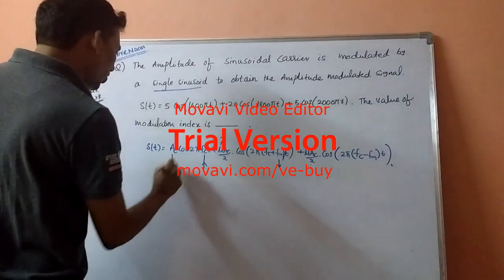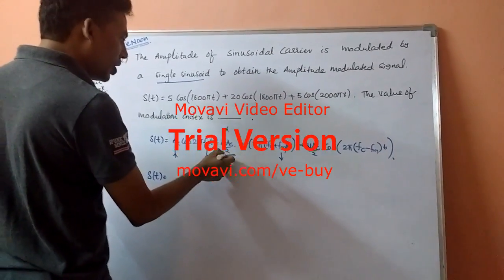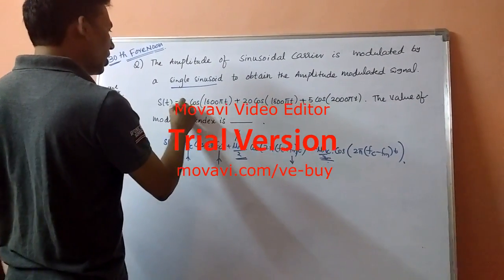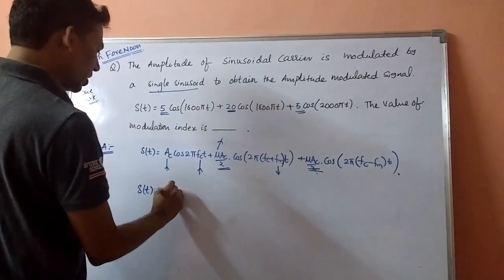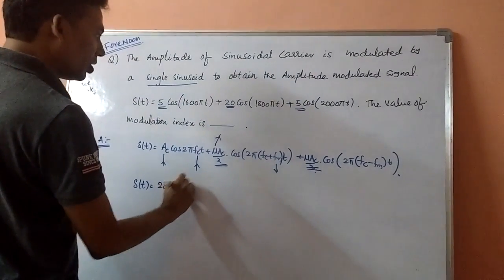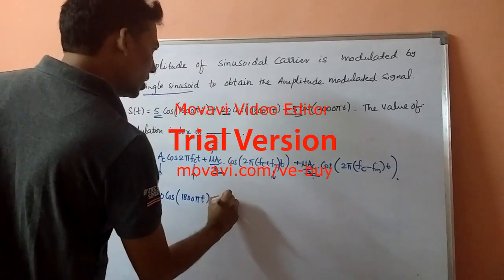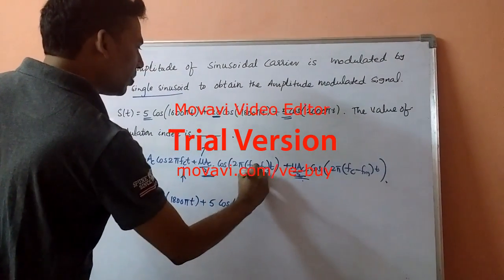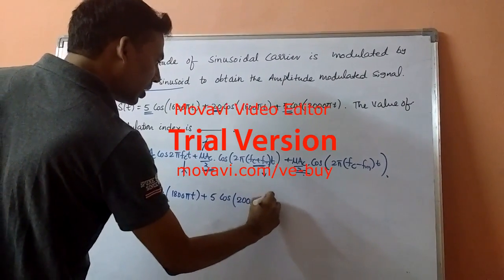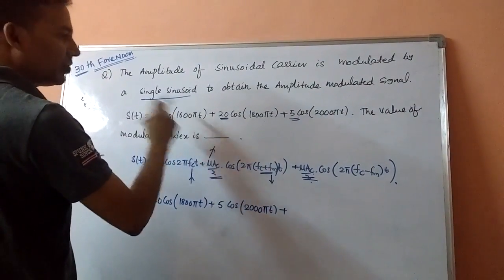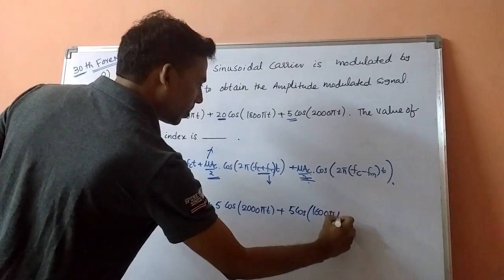Here I am representing S of t in some order. See here, mu AC by 2 is nothing but 5, and the AC is given here as 20. So now I am shuffling the order of the given signal: 5 into cos of 2000 pi t, plus 5 into cos of 1600 pi t.